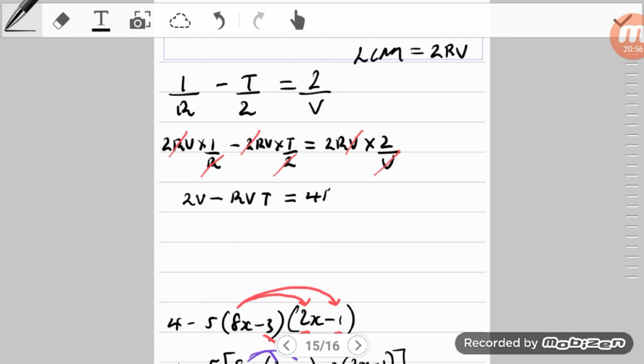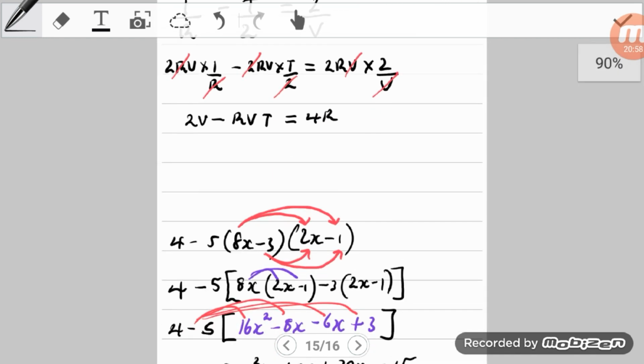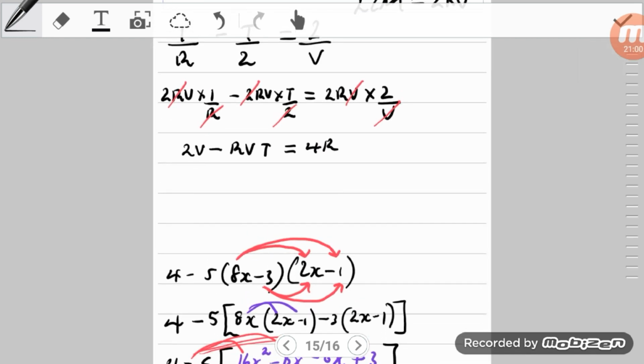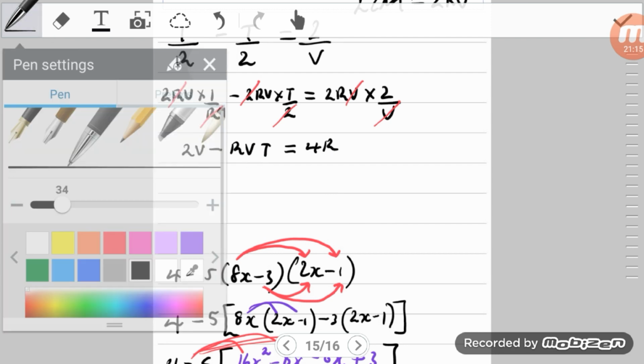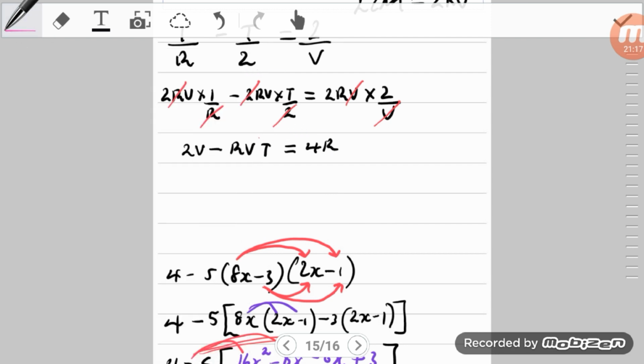Remember, the aim is to isolate T. So to isolate T, we need to get rid of this 2V from this side here. Now, as you can see here, my subject is negative. So rather than transposing the 2V, leaving my subject negative, I'm going to instead transpose the RVT over here and then bring the 4R over here.